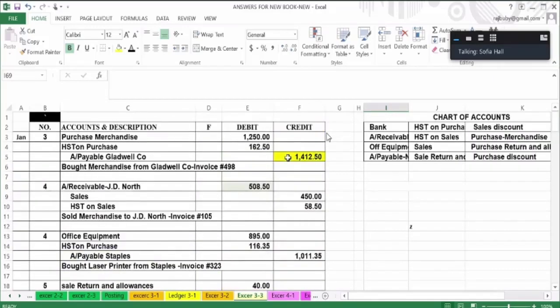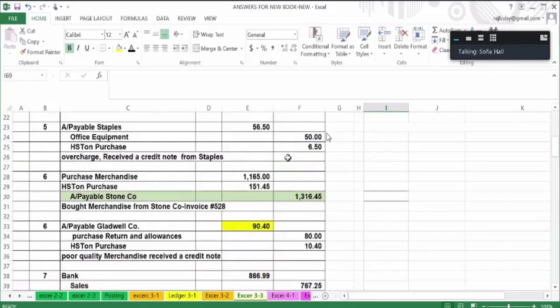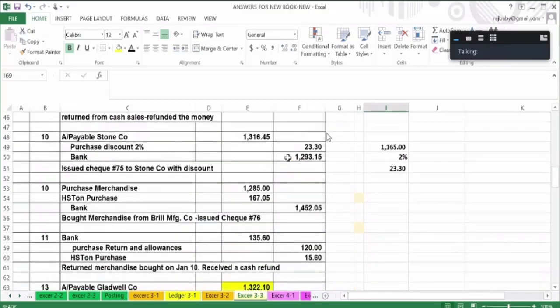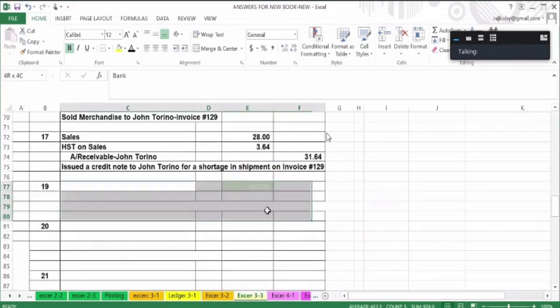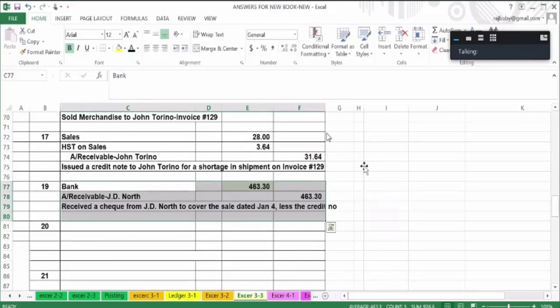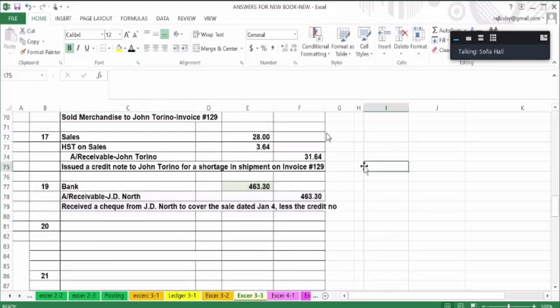You just have to subtract the credit note. When you subtract this, we'll debit the bank account for what you received, and credit accounts receivable, JD North, for 63.30.